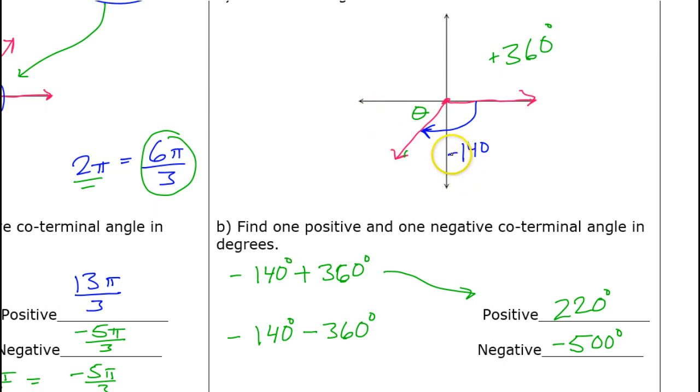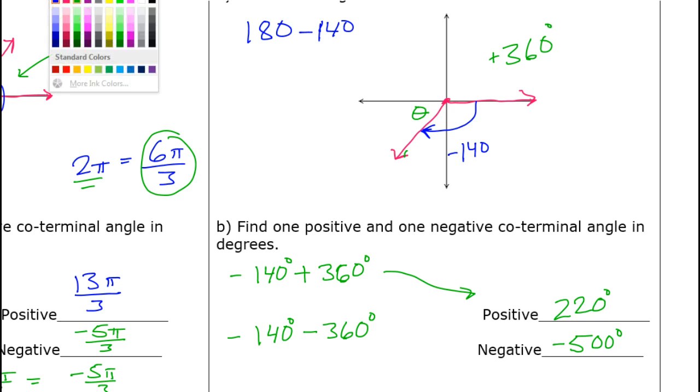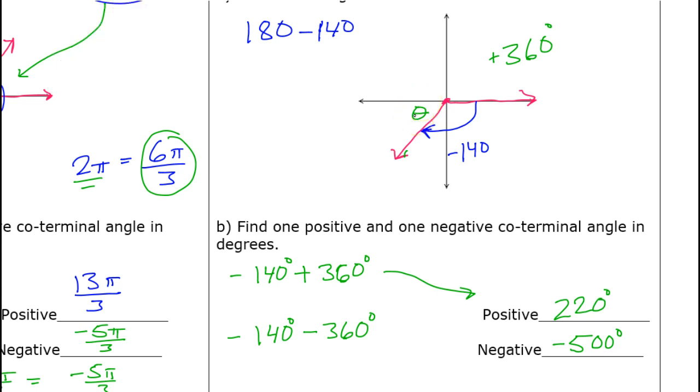So, ignoring the negative sign for a second, if I want the distance between these two, I need to say, okay, I have a total of 180 degrees here. This portion over here is 140. So the part that's left, I should subtract. So 180 minus 140 tells me how big this part over here is. So obviously that is 40 degrees.